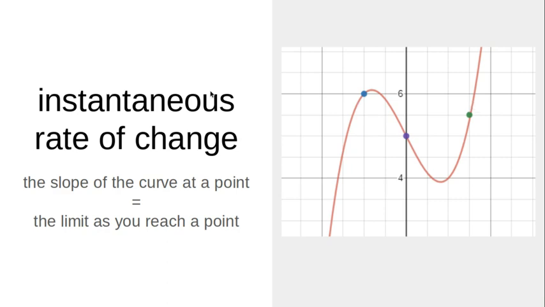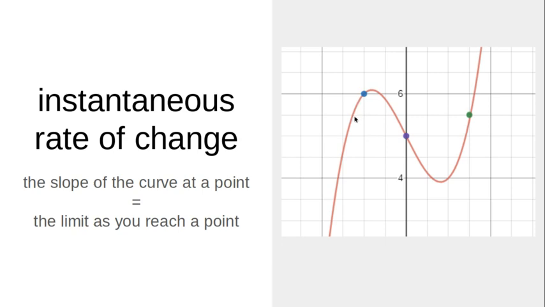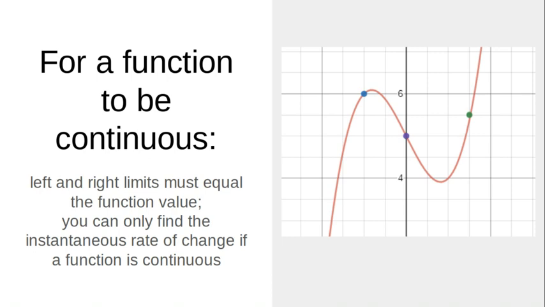All right, so in calculus, we look at the instantaneous rate of change, which is just the slope of a curve at any given point. And you know what that is? It's a limit. So when you're finding the limit, what you're technically doing is finding that instantaneous rate of change. For a function to be continuous, and this is something that you worked on yesterday on that Desmos activity, you have to be approaching the same value as you move from the left and from the right to that point.